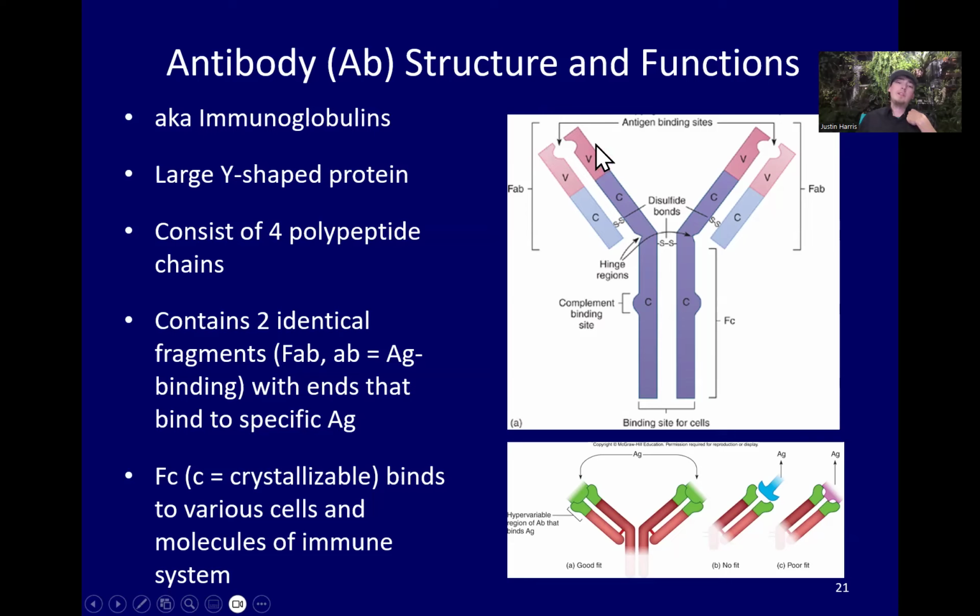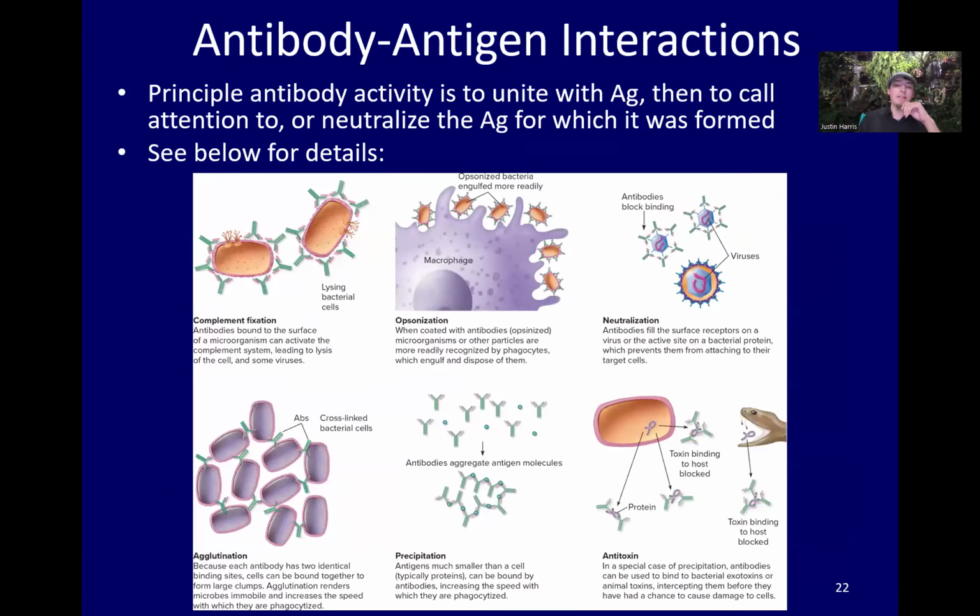Anyway, this antigen binding site is different for every single B cell. And the shape of that binding site is what determines what antigen it is able to bind to, and what pathogen essentially it's able to recognize and neutralize.